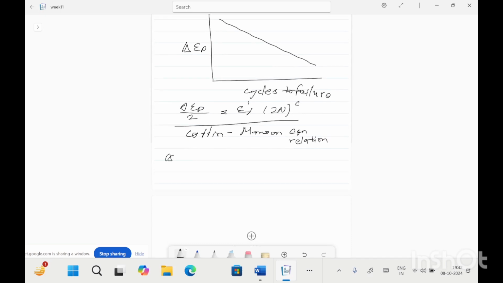Here delta epsilon p by 2 is the plastic strain amplitude and 2N is the number of strain reversals to failure.